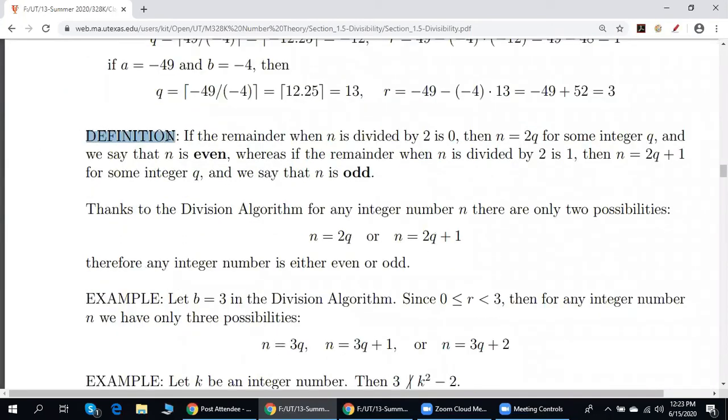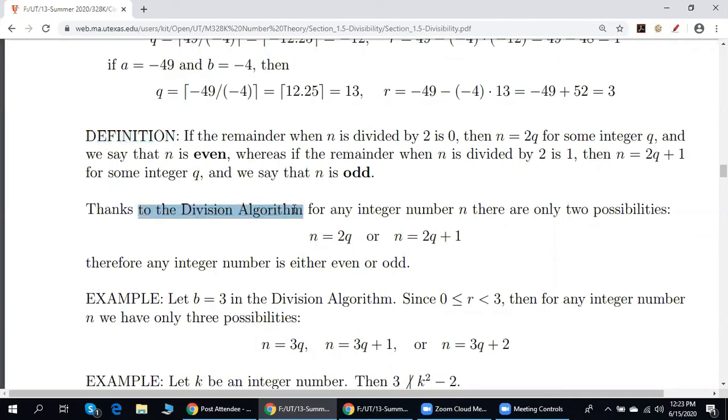Please take a look at this definition. If the remainder when n is divided by 2 is 0, then n is 2q, and we say that n is even. Now, if the remainder is 1, then n is 2q plus 1, and we call n odd.